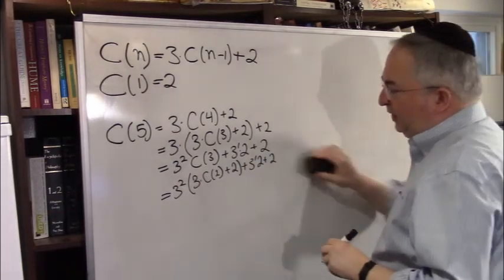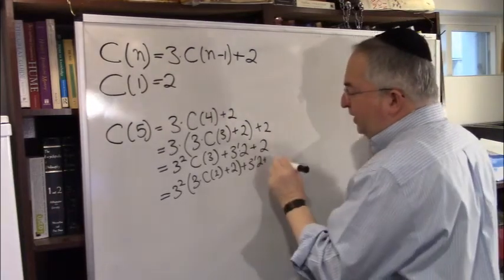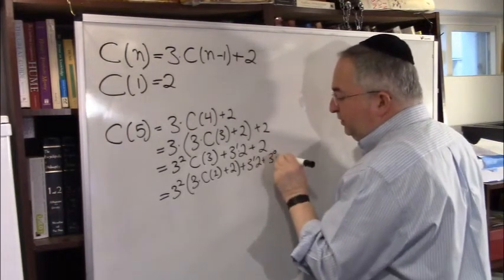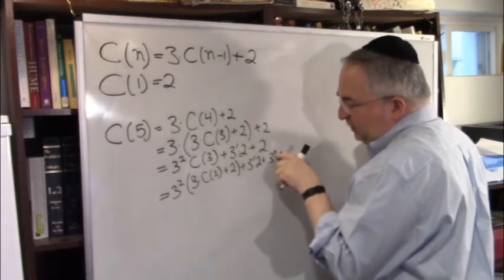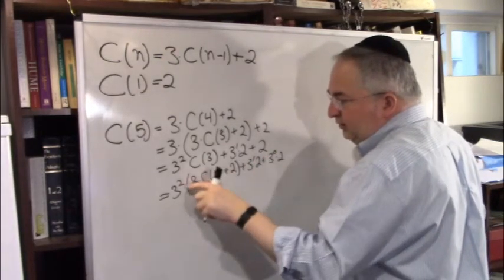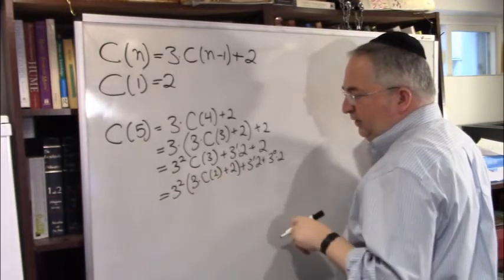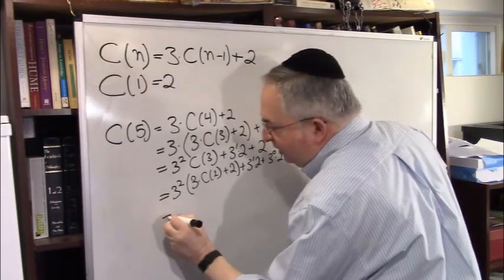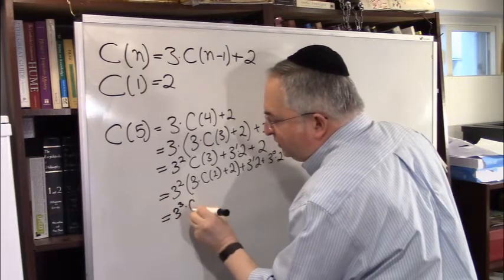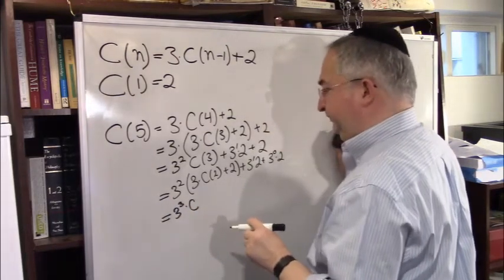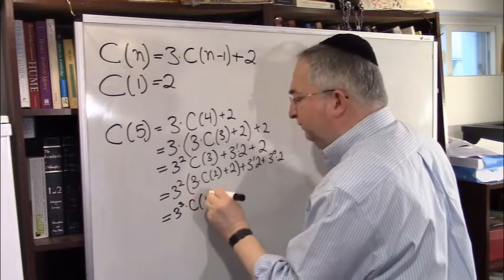Instead of writing plus 2, I'm going to write 3 to the 0 times 2. It's the same thing. The point is we have a sequence here.